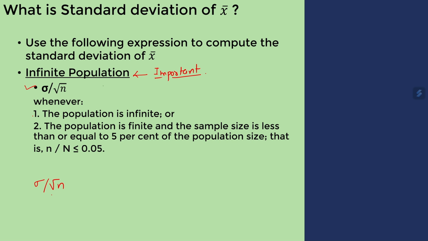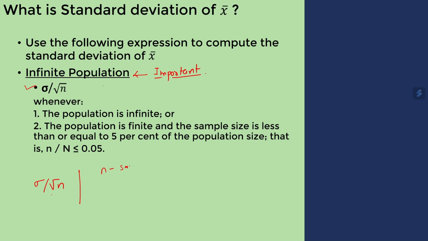We will use this when the population is infinite, or the population is finite and the sample size is less than or equal to 5% of the population size, that is n divided by N is less than or equal to 0.05.